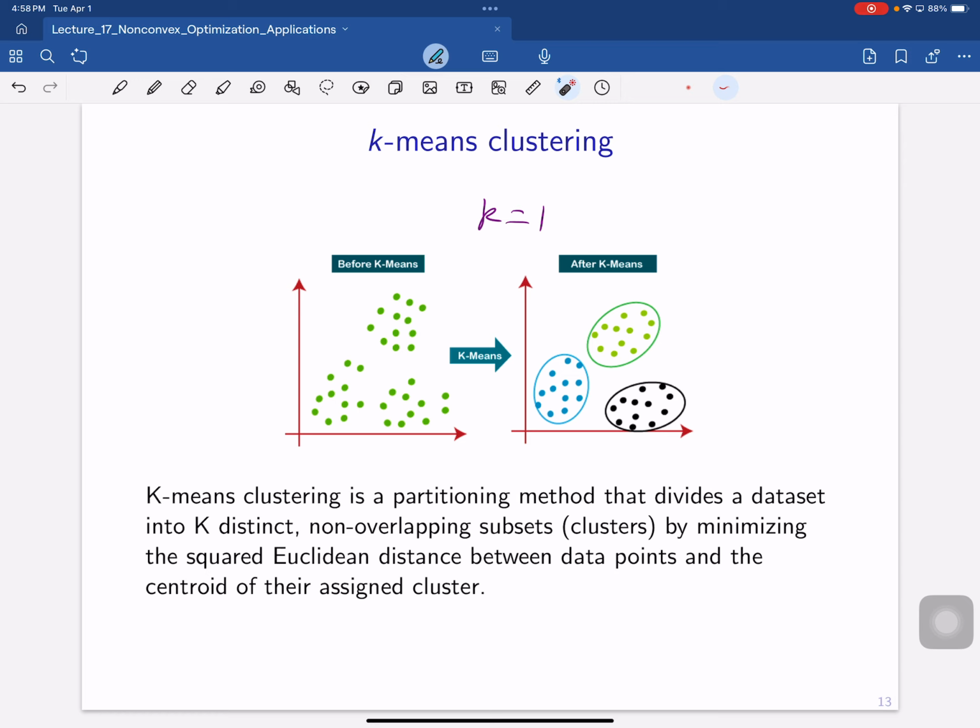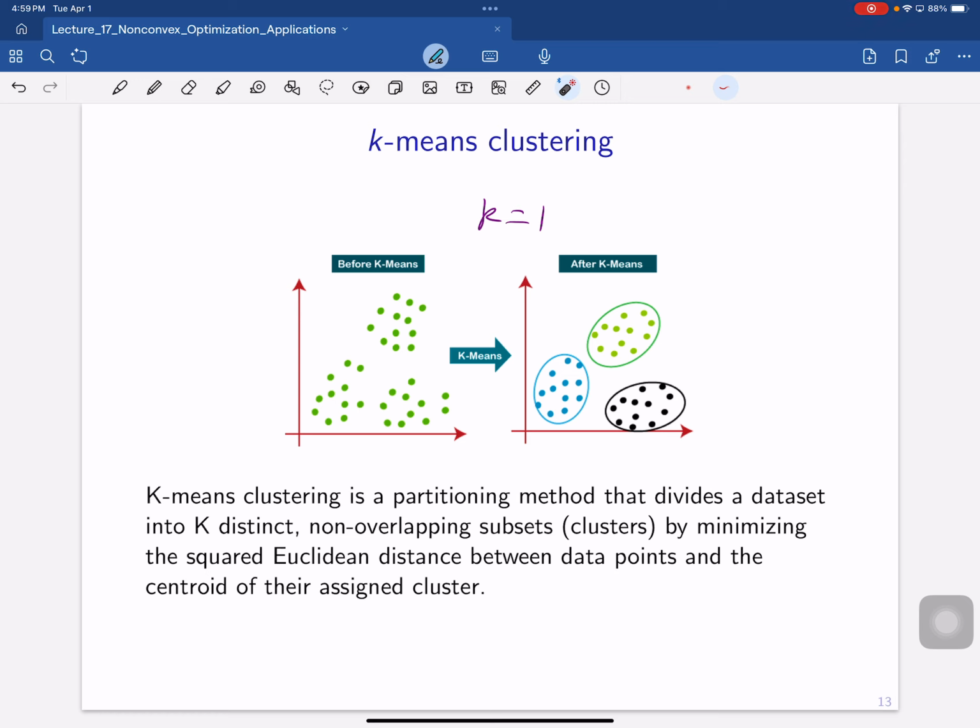When you calculate the variance of a cluster, you only consider the points in that cluster, so the variance of this cluster plus the variance of points in this cluster plus the variance of points in the 3rd cluster. You want to partition in a way such that the sum of the variance is minimized.